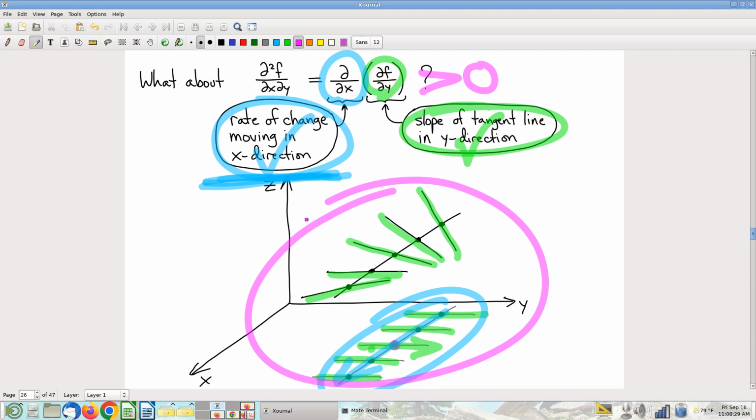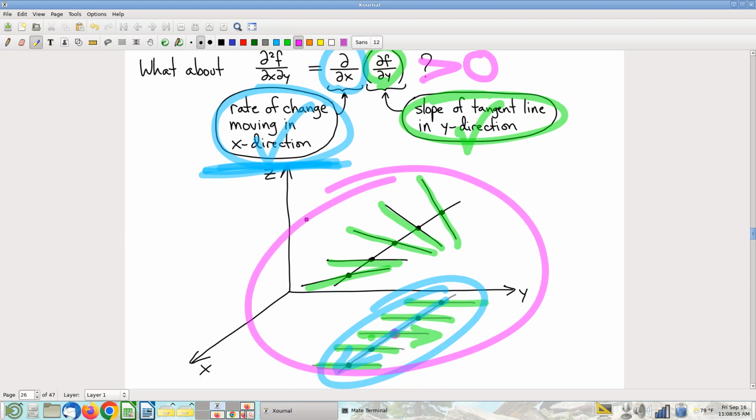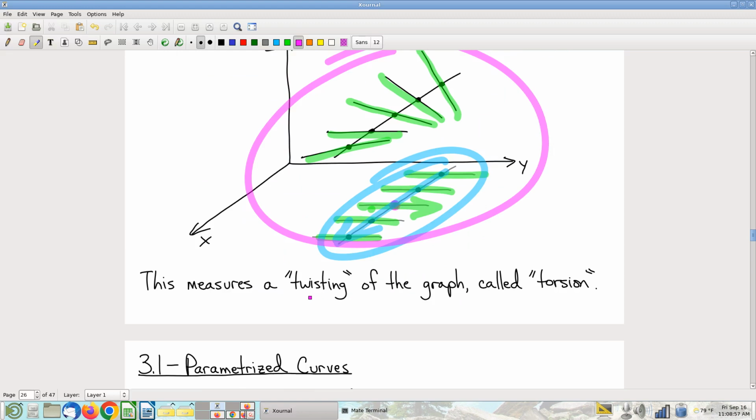What this conjures is the idea that I would twist that piece of rubber, right? If I twist it so I'm rotating one side one way and the other side the other way, that twist is what we're seeing here. Mixed partials measure a kind of twisting of the surface. And they have a name for it. It's called torsion. It's a twisting of the graph, again, aka torsion.